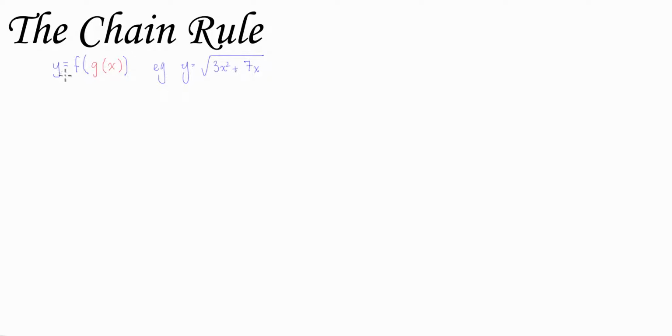Now, what the chain rule tells us is that if we want to figure out what dy/dx is, we first have to calculate the derivative of the outside function, which we'll call f prime.